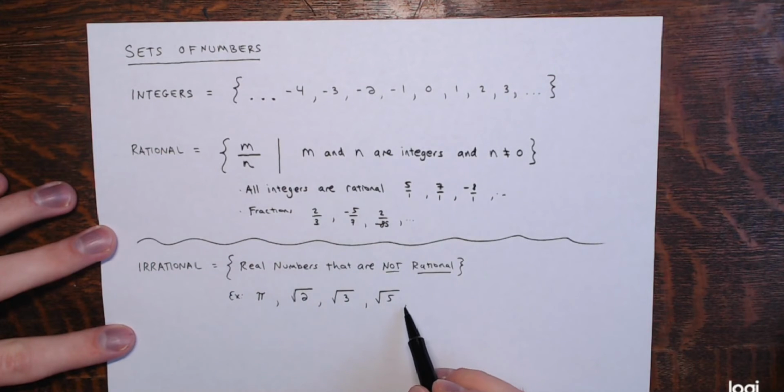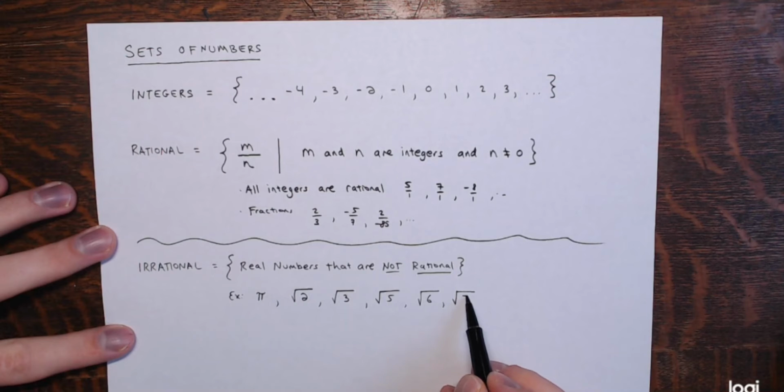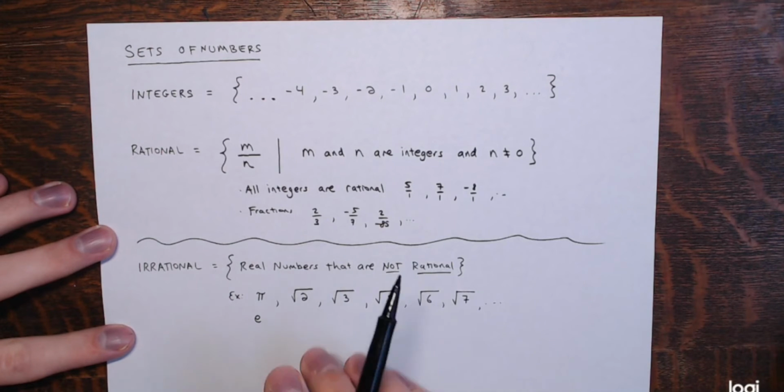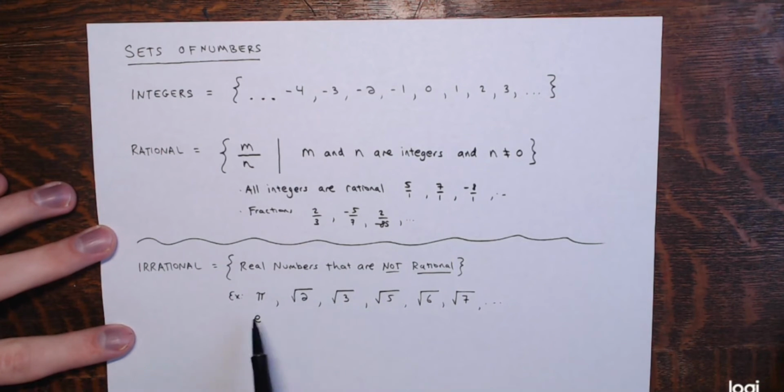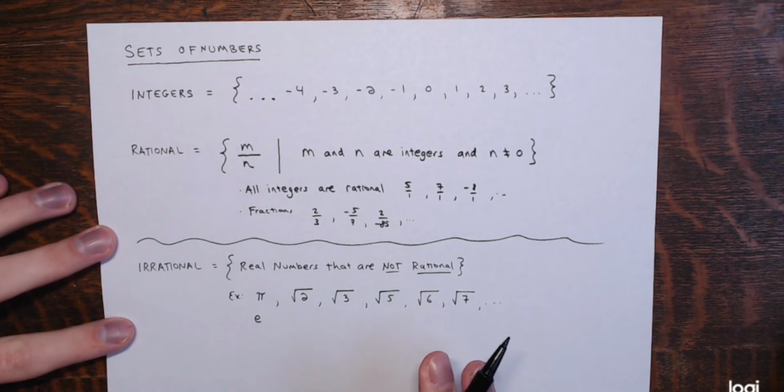But all the square roots of non-perfect squares, cube roots of non-perfect cubes, and so on. You may have heard of the number e before. That's like 2.71828, right? Again, for all these irrational numbers, the decimal doesn't end, and it doesn't have an infinitely repeating sequence.